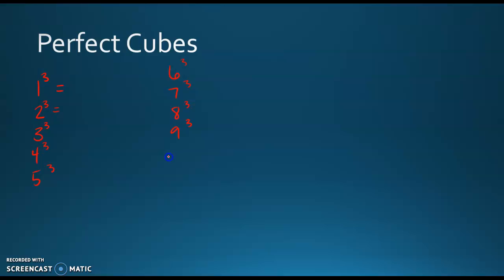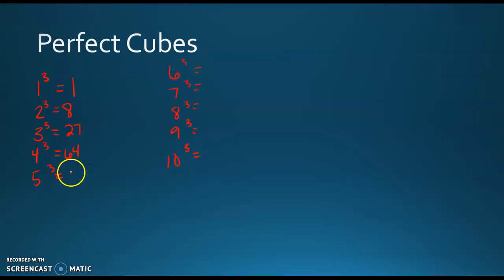All right, so 1 cubed would be 1 times 1 times 1, which is 1. 2 cubed, 2 times 2 times 2, which is 8. 3 cubed is 27. 4 cubed is 64.